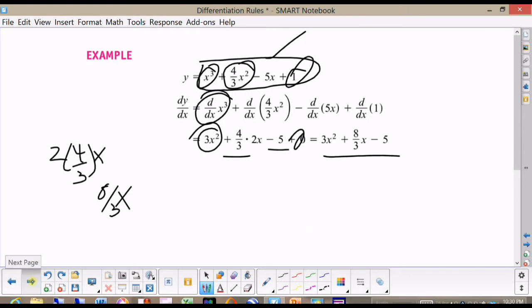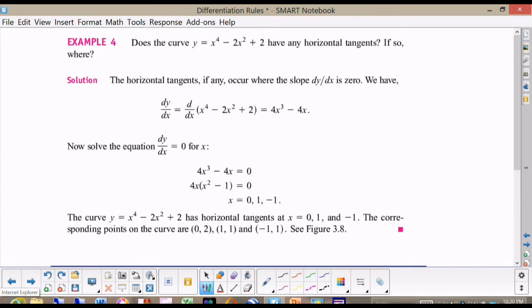Now, we're going to look at a function that's really the sum of 3 functions, a 4th order, a 2nd order, and a constant. And we're going to work a slightly different problem here. The question is, does this curve have any horizontal tangents? A horizontal tangent means that the d/dx of the function is 0 at that point.